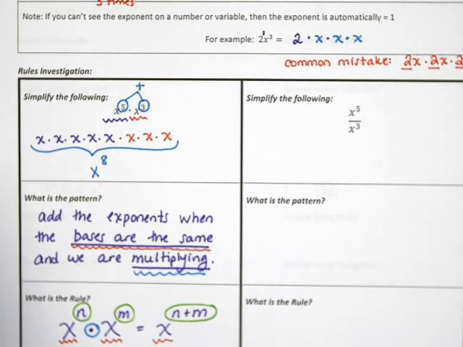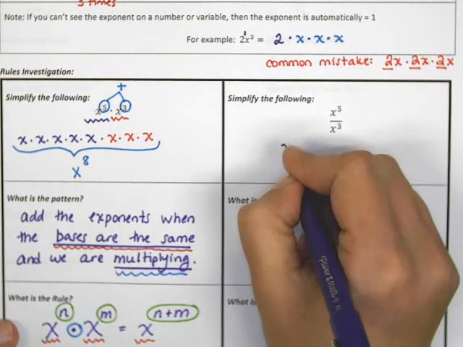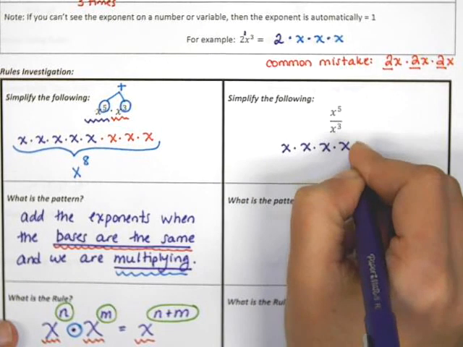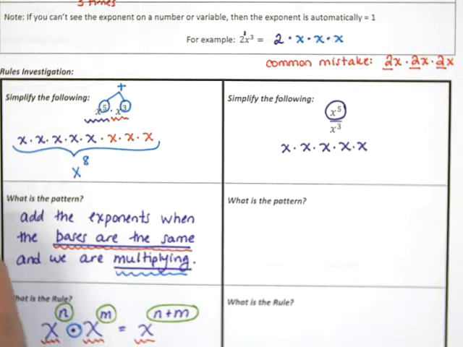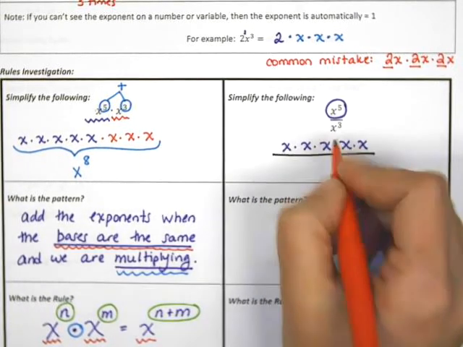Now let's look at what happens in a division problem. So if I wanted to write this out the long way to see if I could identify the pattern, I would write x times x times x times x times x, because that is x to the fifth, divided by x to the third.